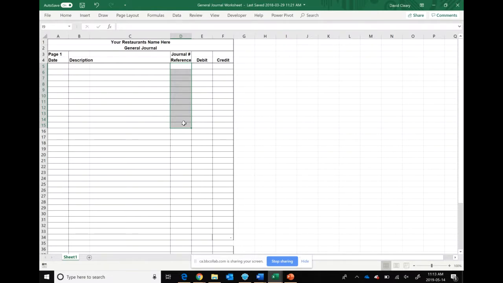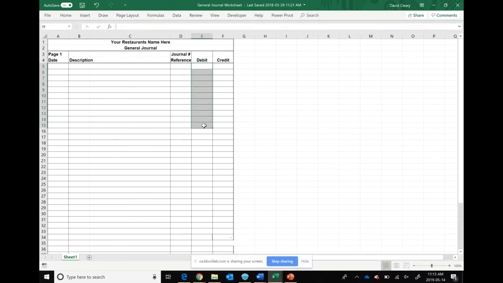As long as there's some sort of reference number for you to identify which journal transaction is which. It helps a lot later down the line when we start to post ledger. You're going to find that it's very easy to make a mistake while doing this. These reference numbers help you quick check yourself, as opposed to doing it all over again.